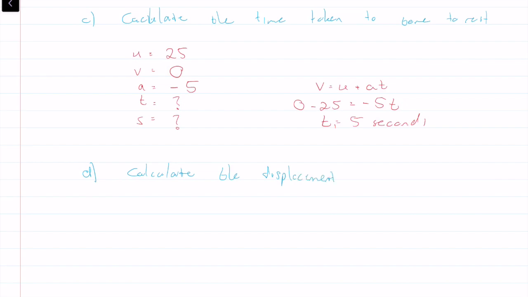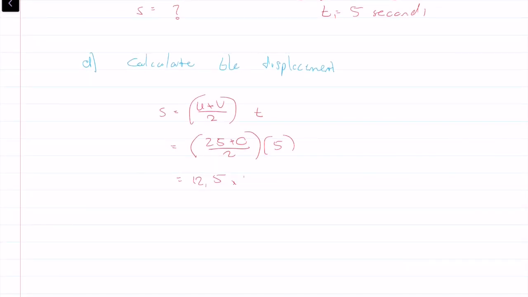So we can use the equation S is equal to (u plus v) over 2 times t. So u was 25 plus 0 divided by 2 times 5, so that's 12.5 times 5. If we plug that into our calculator, our displacement there is 62.5 meters.